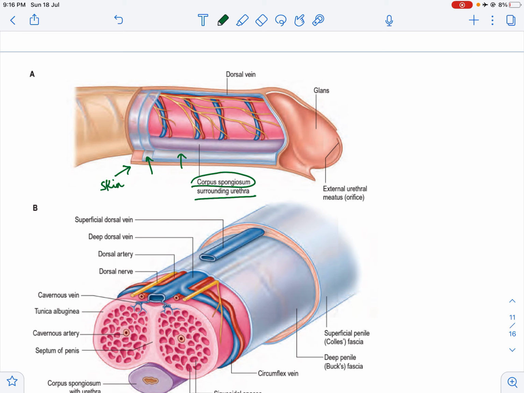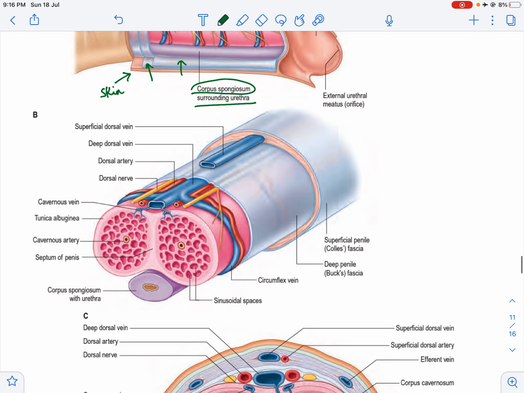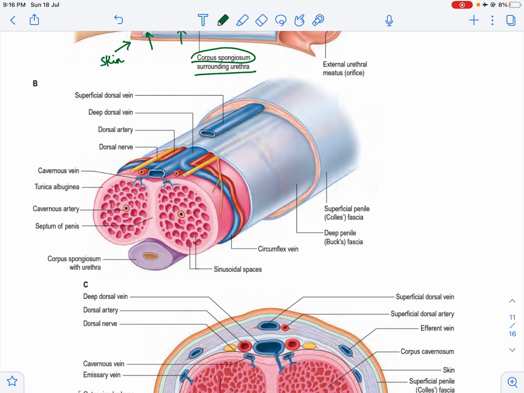And this is the glans, this is the dorsal vein. Now this diagram makes it more clear. So this is the corpora cavernosa. There are two corpora cavernosa, and this is the corpus spongiosum. Now, how I remember it is S for spongiosum and S for single, because the urethra is single. So the urethra is present in that structure. It is not present in the cavernosa, I'm sorry.